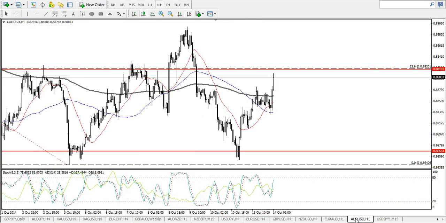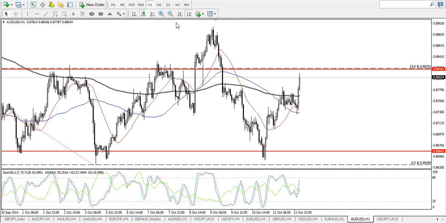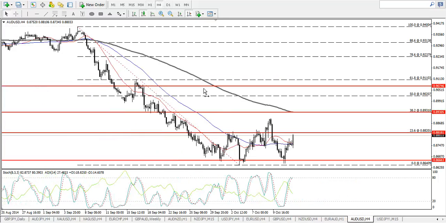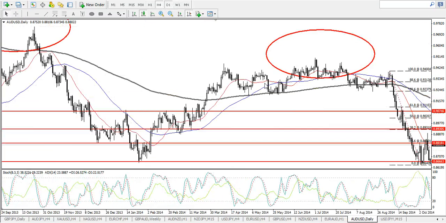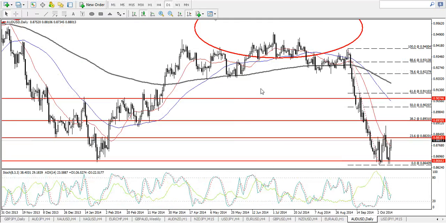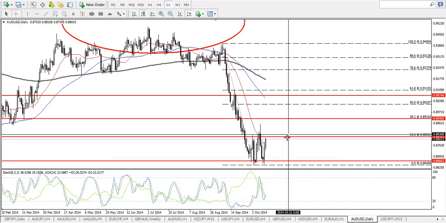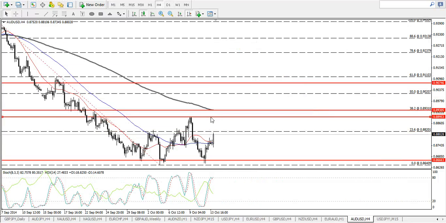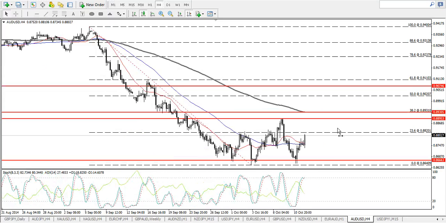So back to the Australian dollar, we can expect price to retrace even further. So two levels to look at. The very first one would probably be the previous high, over at this level, 0.8895, or if not, we can expect price to approach a little bit more to 0.8930, which is the retracement level of 38.2%.